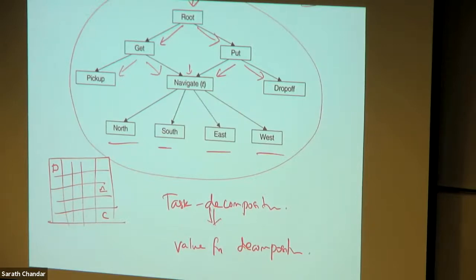Now, how do we do that? To do that, we should go back to our Q function. Let us write our Q function and then see how to decompose it. For each task, there are subtasks. Previously, we had Q pi of S comma A, where A could be an action or a macro action.